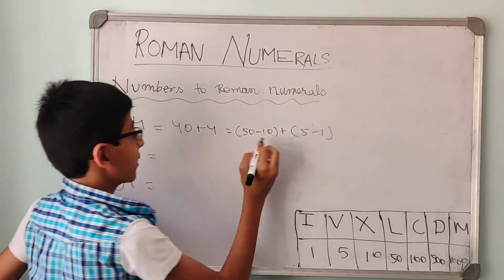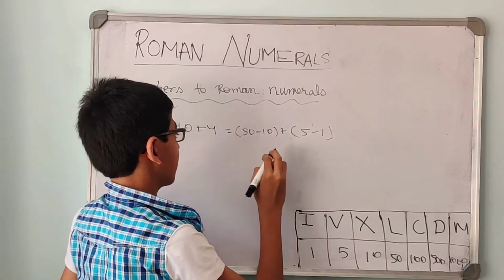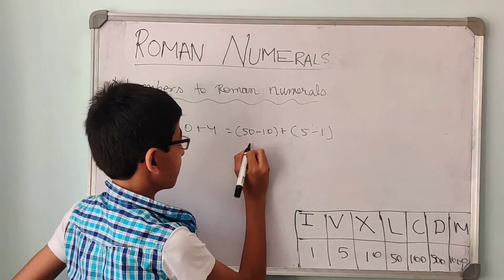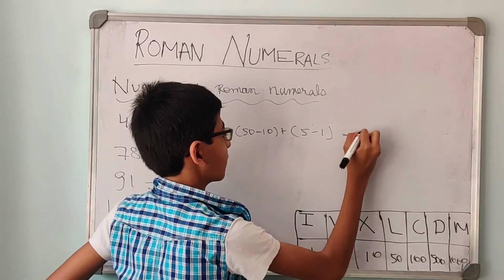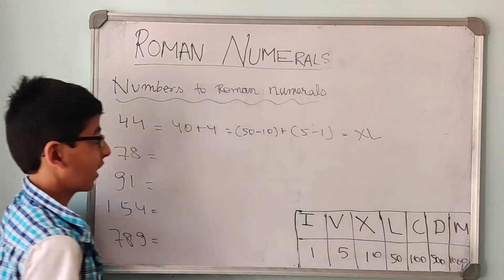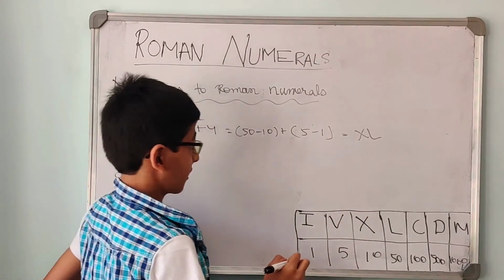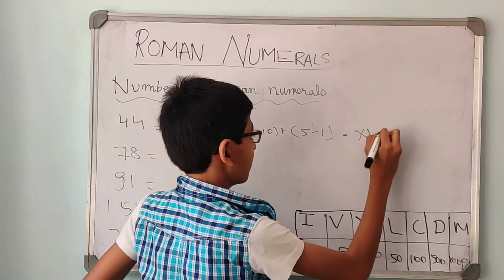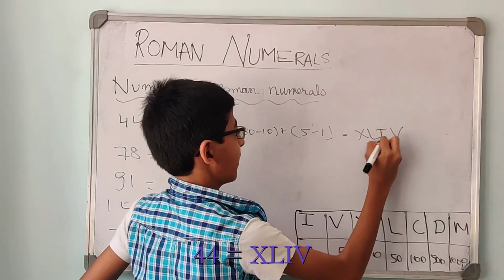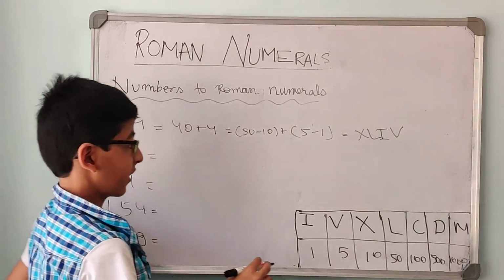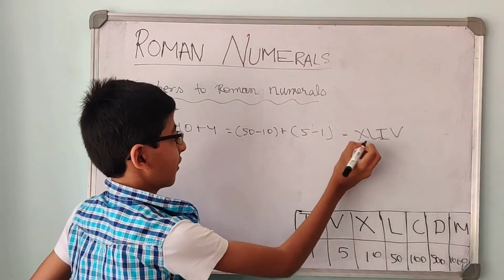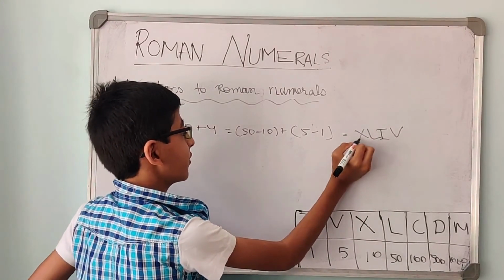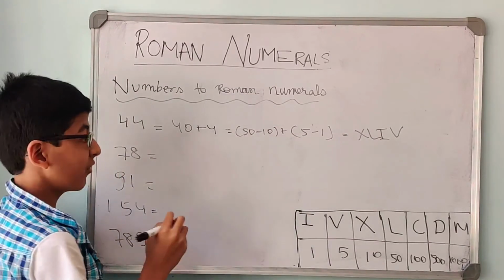So over here 50 minus 10 is L minus X. So to subtract we have to write XL, and 5 minus 1, that is 4, 5 is V and 1 is I. Now why are we writing like this? Why can't we write LXVI? Because if you have to subtract, then we have to write the smaller number on the left of the bigger number.